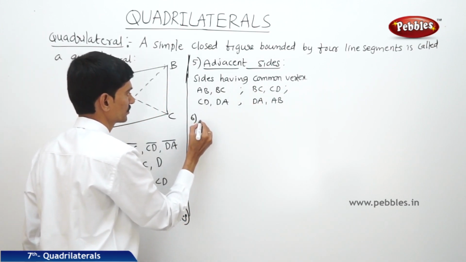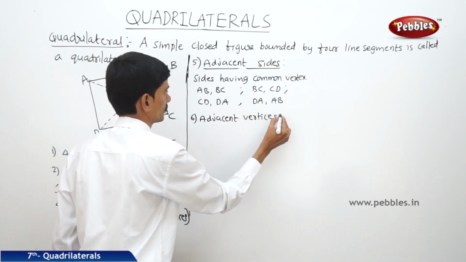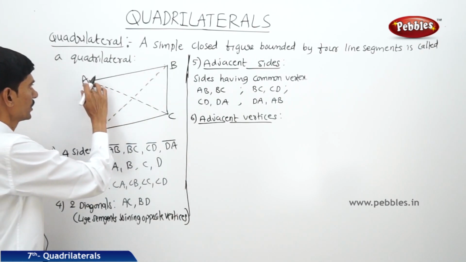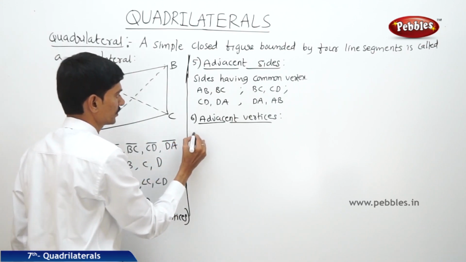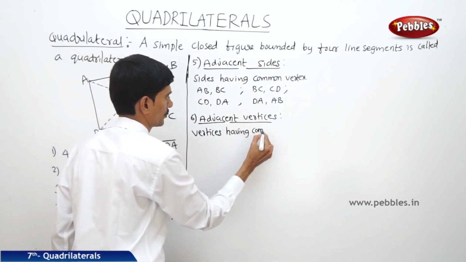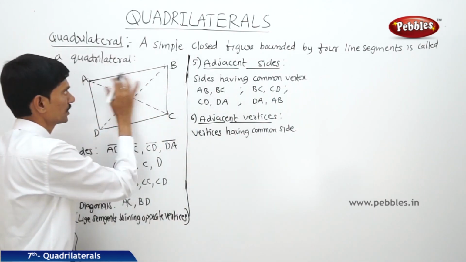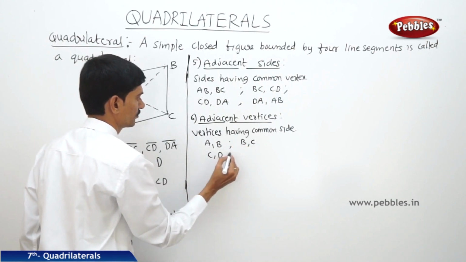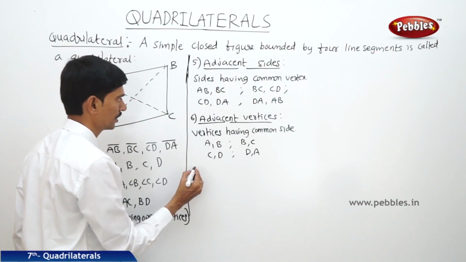Now the adjacent vertices. Adjacent vertices means the two vertices which have a common side, like A, B; B, C; C, D; and D, A. Next, adjacent angles.